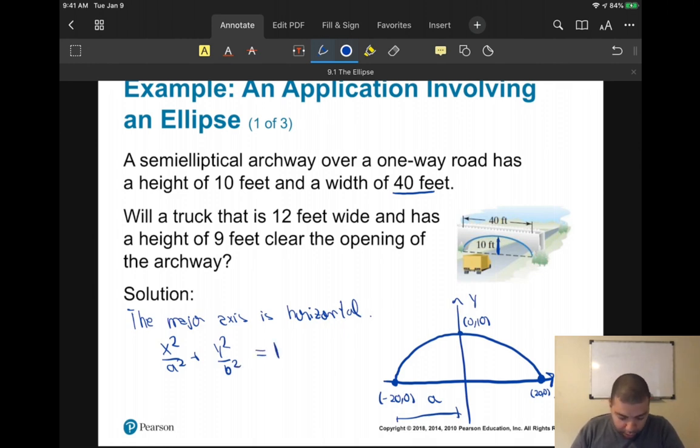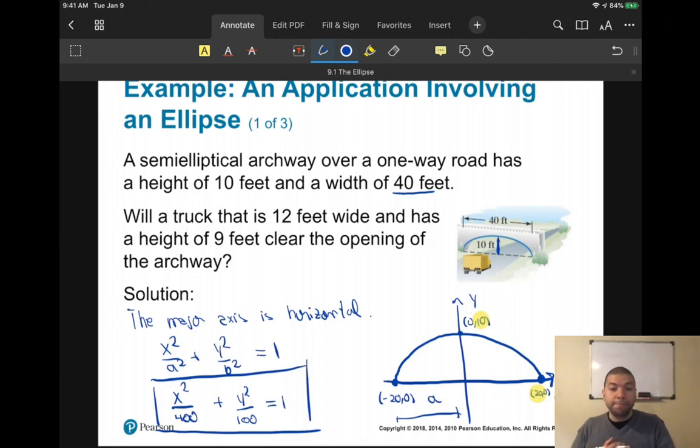So A is 20. A is this guy, and this is B. So then X squared divided by A squared: 20 squared is 400. Y squared divided by B squared: 10 squared is 100. That's the equation of my ellipse. Great, I found the equation that describes my ellipse.